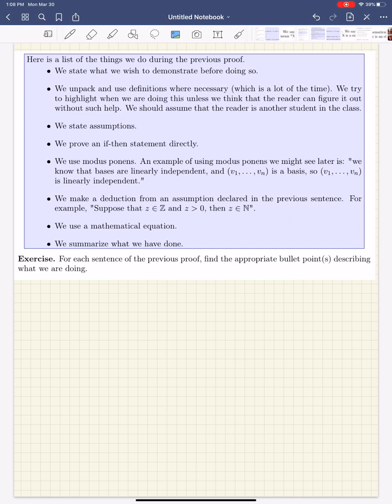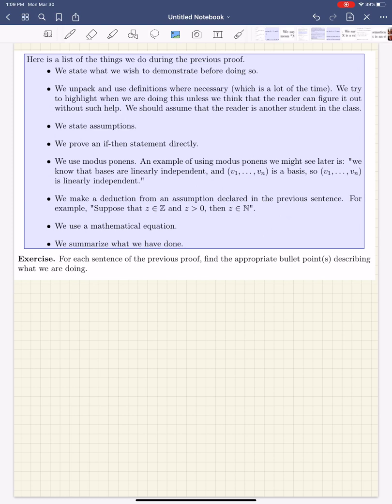You should always state what your assumptions are. You sometimes prove if-then statements. So things like if z is an integer greater than 0, then z is a natural number. We use modus ponens. You'll see this later on, something like if you have a basis, then this tuple is also linearly independent.